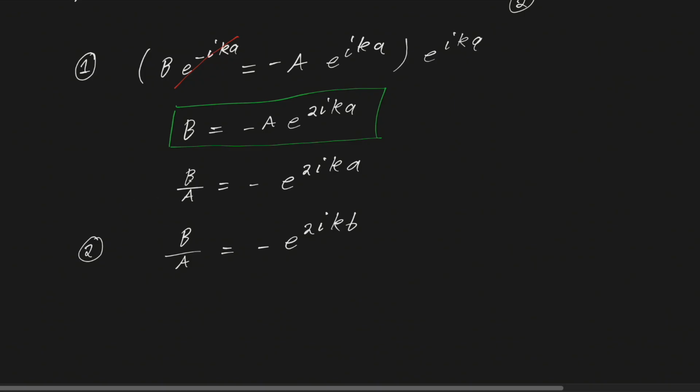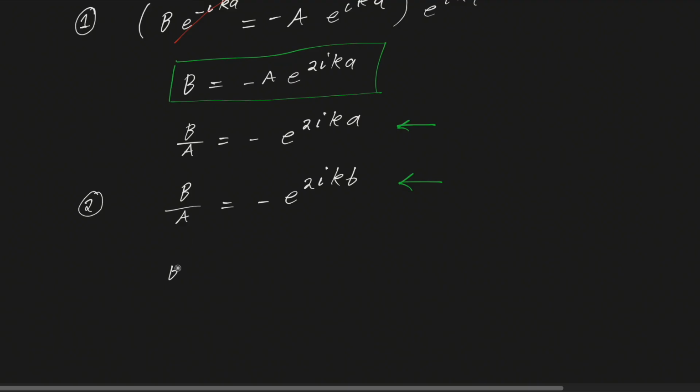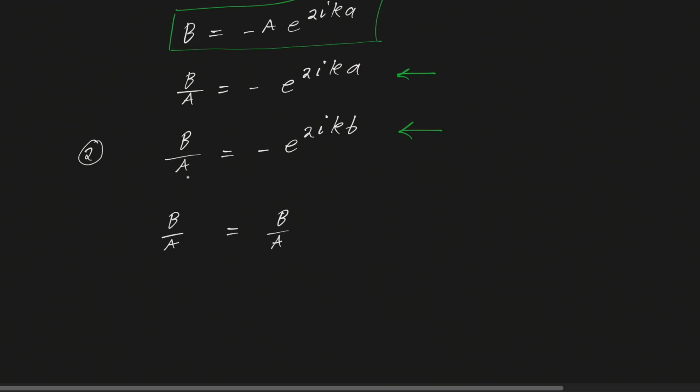But notice that B over A must equal B over A. So this one must equal this one, and we can say that minus exponential 2ika must equal minus exponential 2ikb.